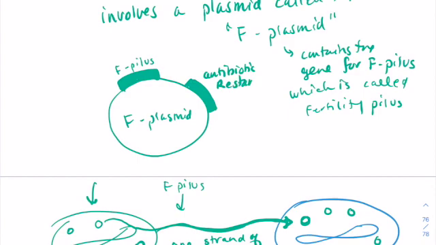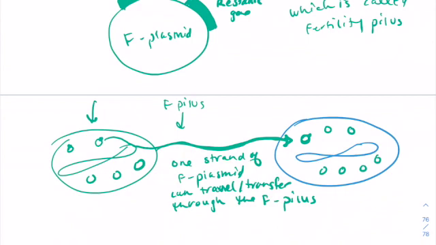If this antibiotic resistance gene is a penicillin resistance gene, now we've got two cells with penicillin resistance.